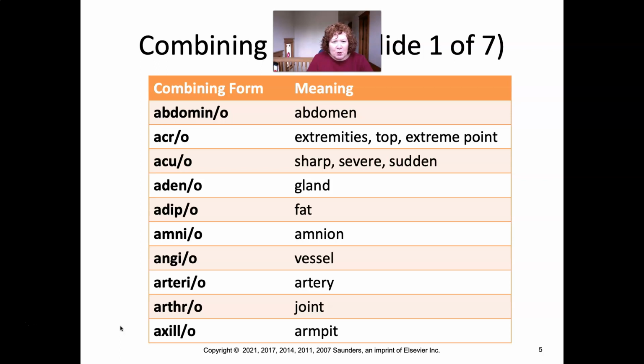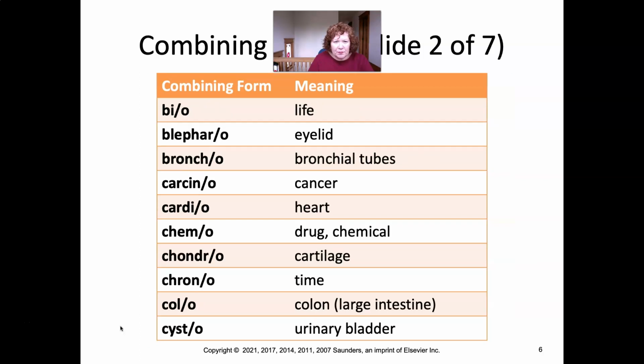You have abdomino, acro, acuo, adeno, adipo, amnio, angio, arterio, arthro, and axillo. Bio, blepharo, broncho, carcino, cardio, chemo, chondro, chrono, colo, cysto.